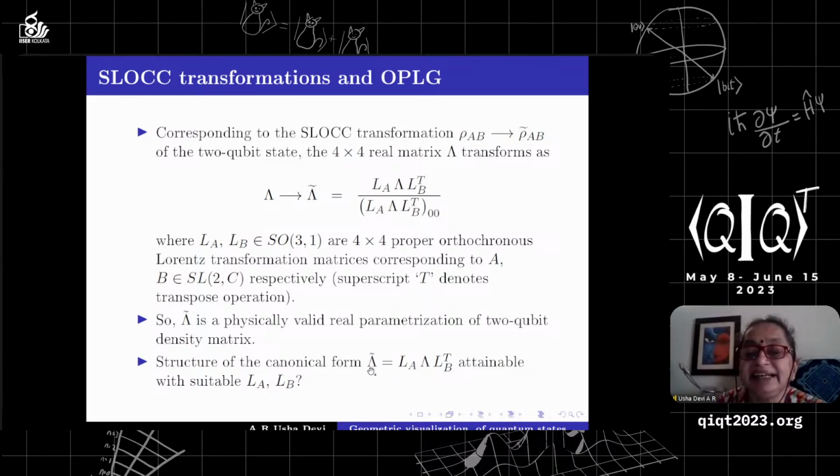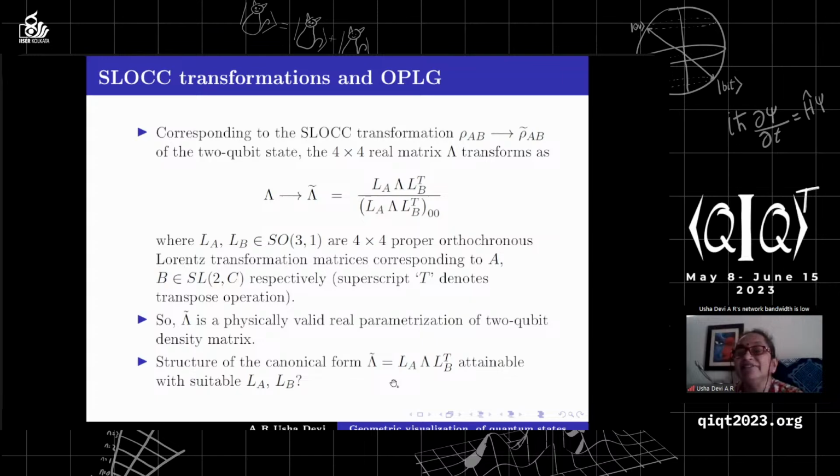I pick a particular transformation so that I get the simplest form for the lambda matrix. That is the kind of canonical structure that I look at, and then I can identify how the two-qubit density matrix looks when you have a canonical form.